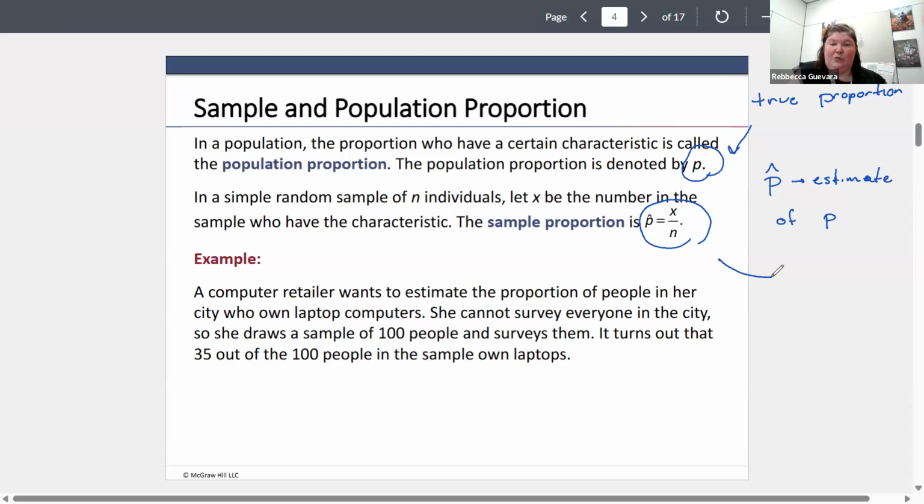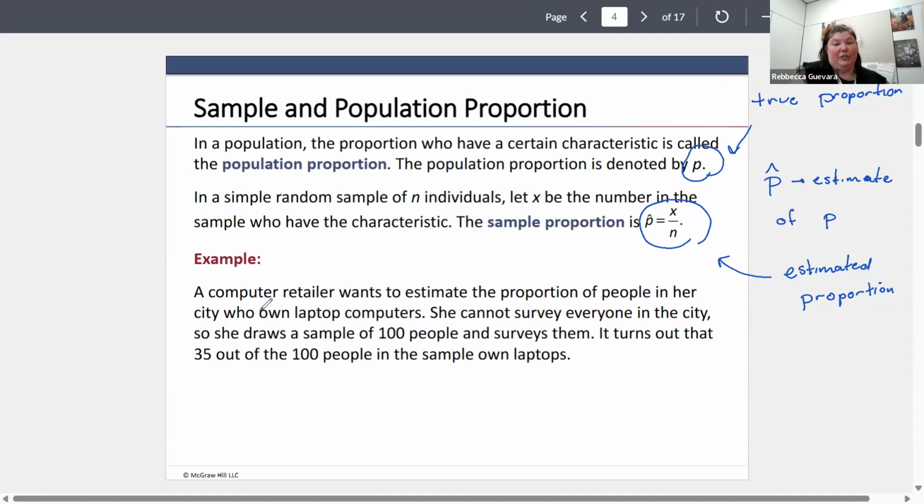And because this one comes from the sample, this would be the estimated proportion. Kind of like in chapter 4 when we were dealing with the linear regression equations, we had that y hat. Like I said, that hat is just an indicator that we're talking about an estimate.